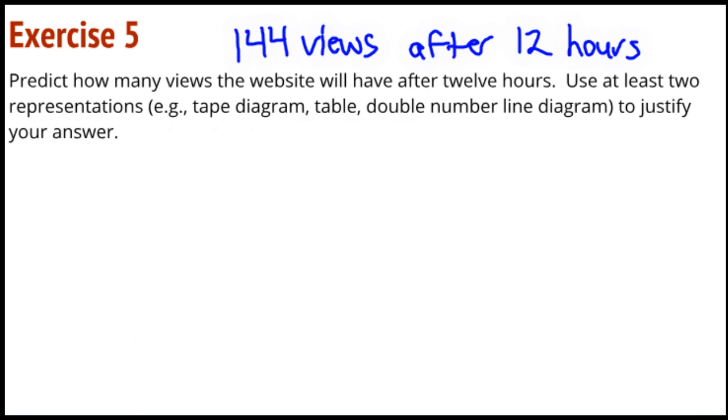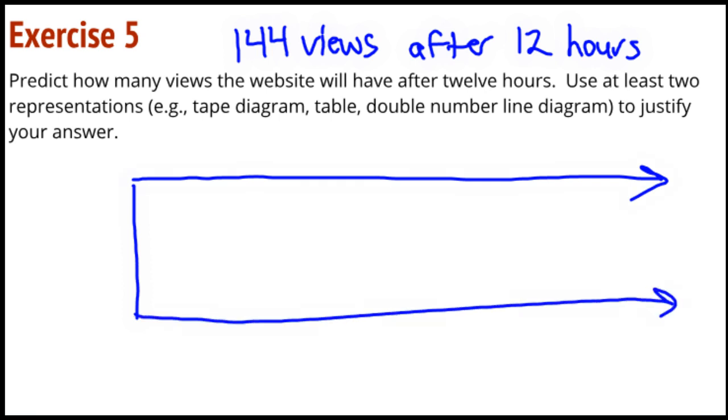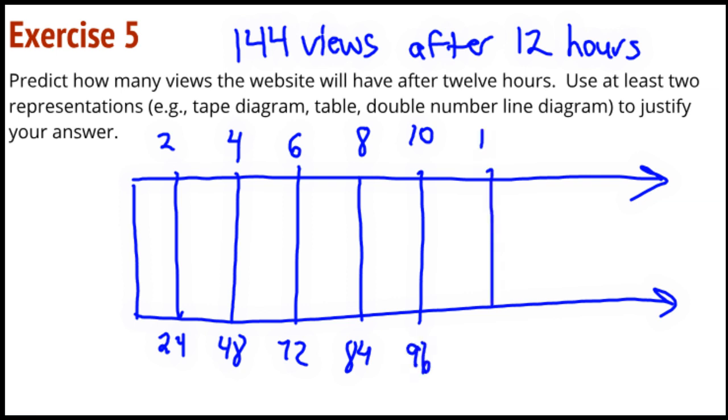So I'm going to start this again because I could just keep counting that up to 12, but I could do something like this. 2 is 24, 4 is 48, 6 is 72, 8 is 84, 10 is 96, and 12 is 120.